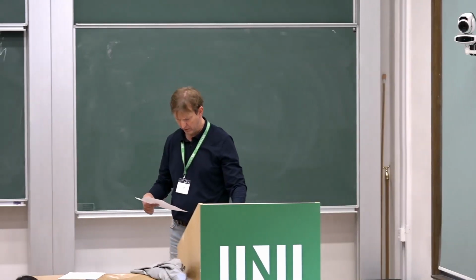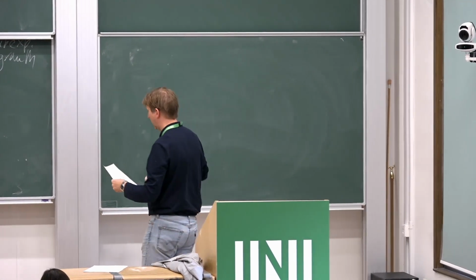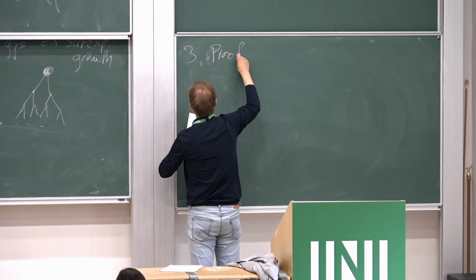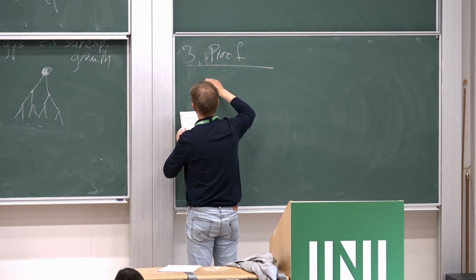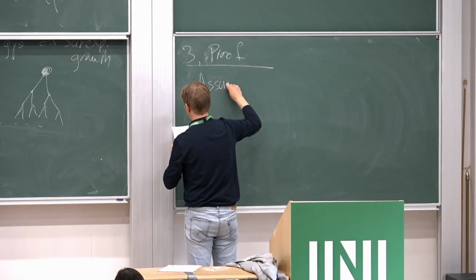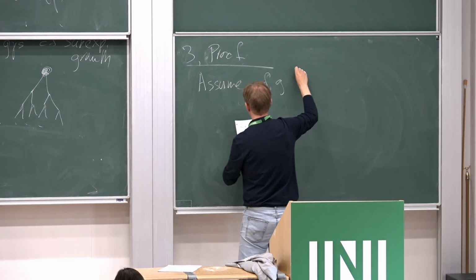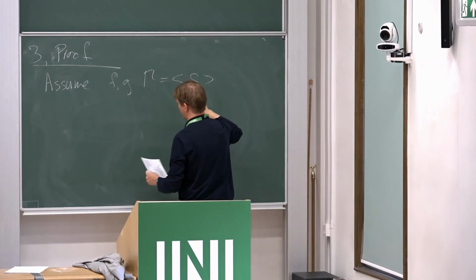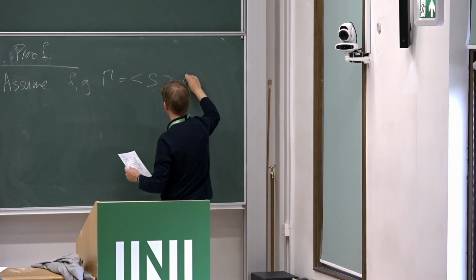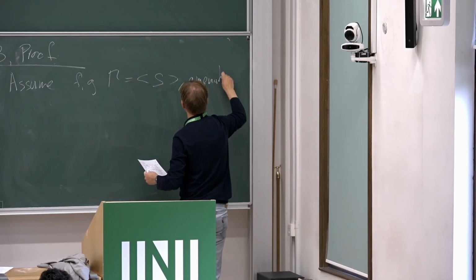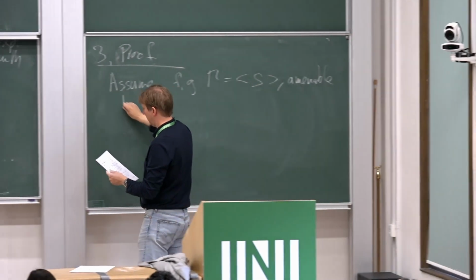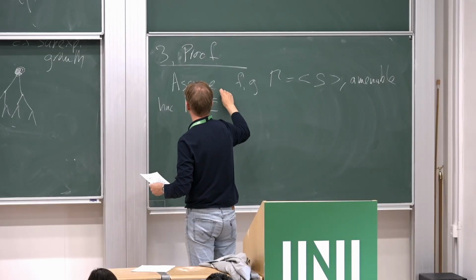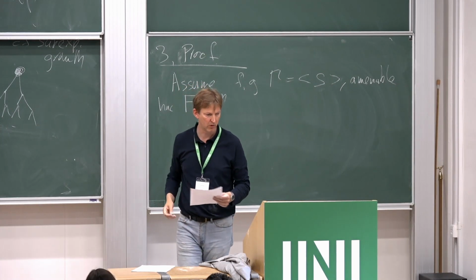Okay, so let's see the proof of the main theorem. We start out with a finitely generated group gamma. It's a bit redundant, but S is a finite generating set, and it's amenable. And we say that it has property FCN if it can't act without a fixed point on a space of dimension n or lower.